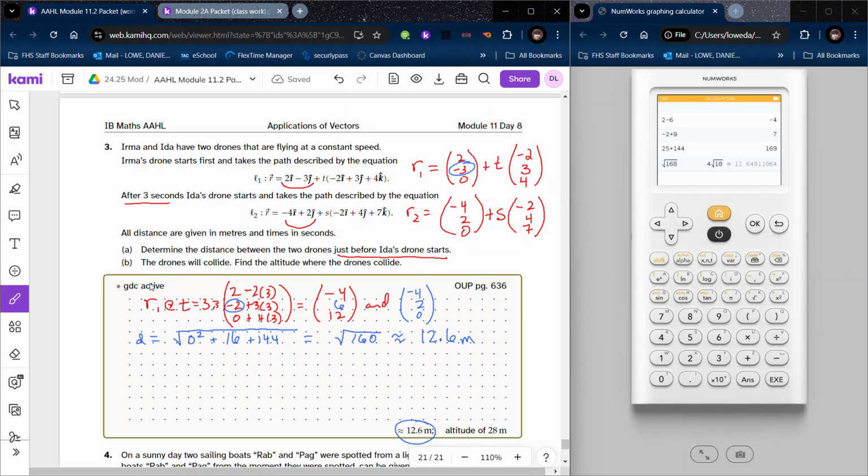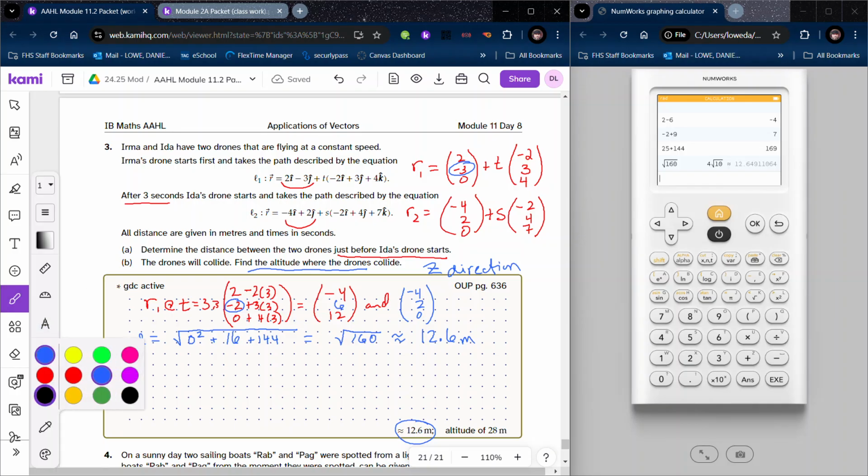Okay, now the drones will collide. We are told this, so they're going to be in the same location at the same time, and we want the altitude where the drones collide, which is based on the z direction. So we need to set up our system of equations saying the two drones are at the same location.